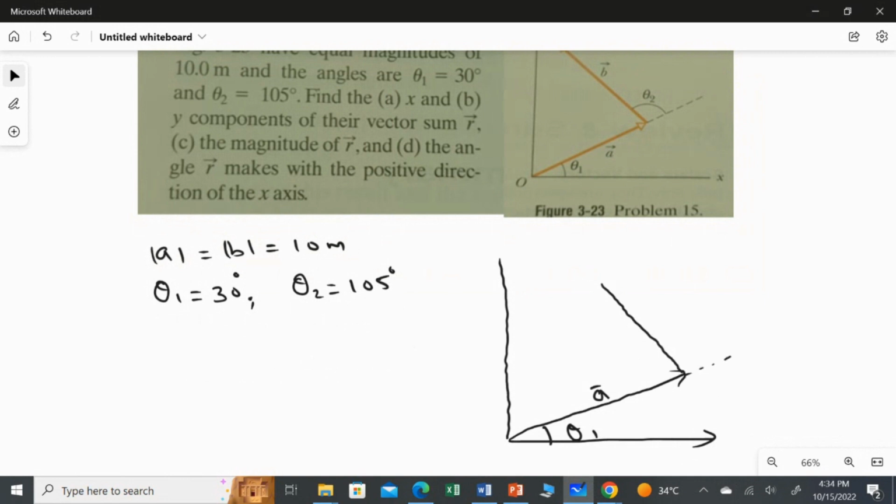So I will extend this line, and your second vector, B vector magnitude is given here, and the angle is theta 2. And what is the resultant vector? We already studied the head of the first vector connected with the tail of the second vector. So the resultant vector here is this one. Am I right?